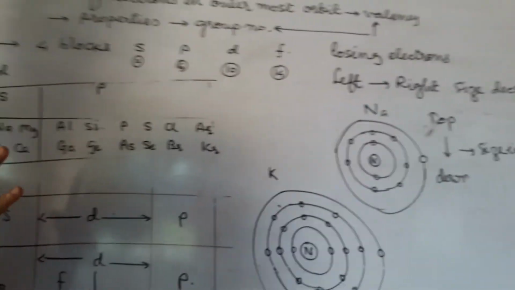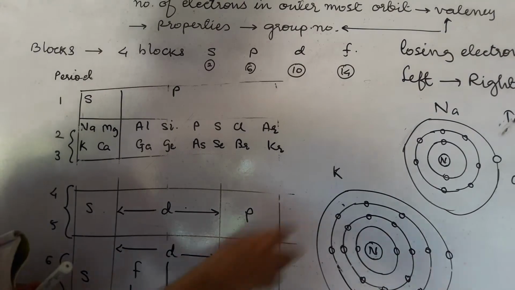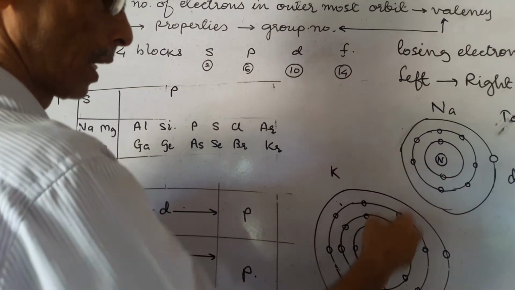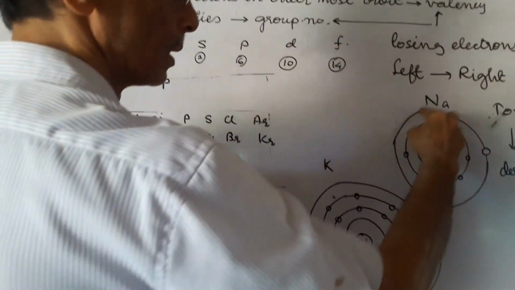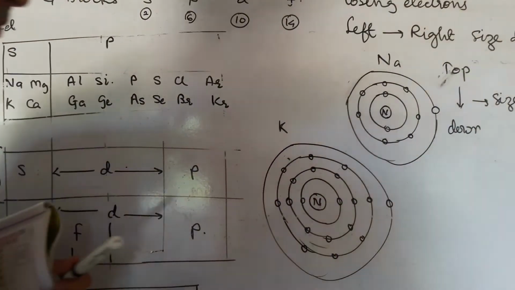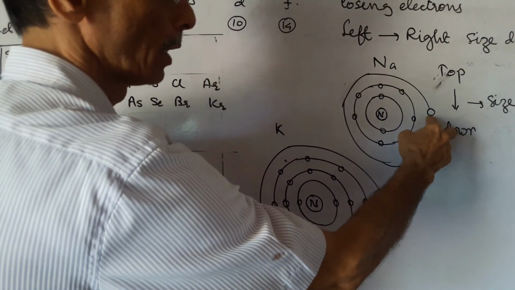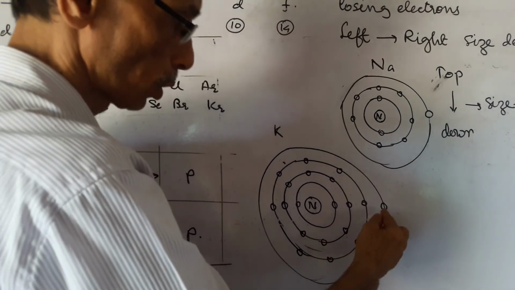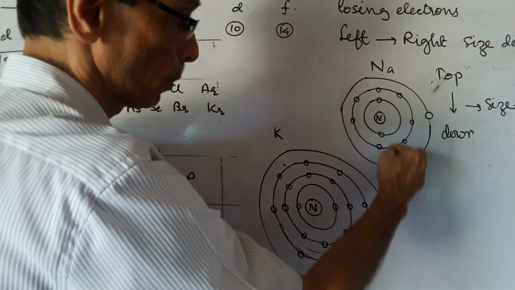Let us take the example of sodium and potassium. Sodium comes in the third period, and potassium comes in the fourth period. So in the third period, 3 orbits are there, and in the fourth period, 4 orbits are there. So the outermost electron is in the third orbit for sodium, and in the fourth orbit for potassium.